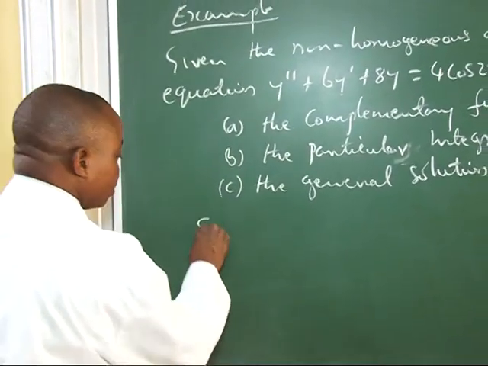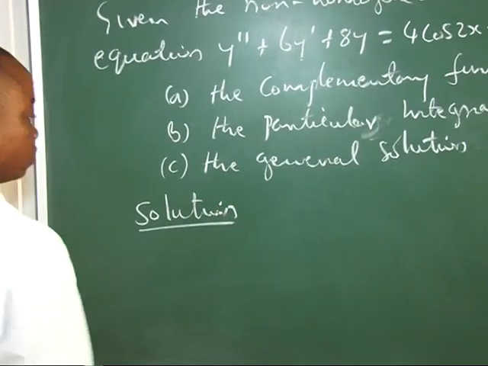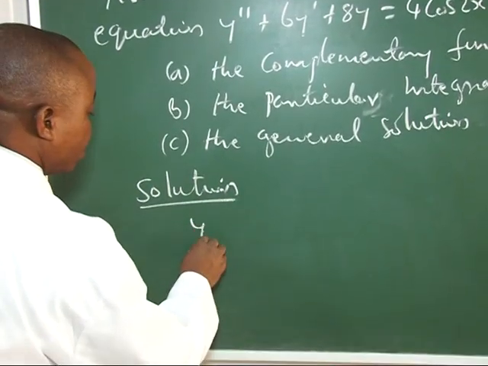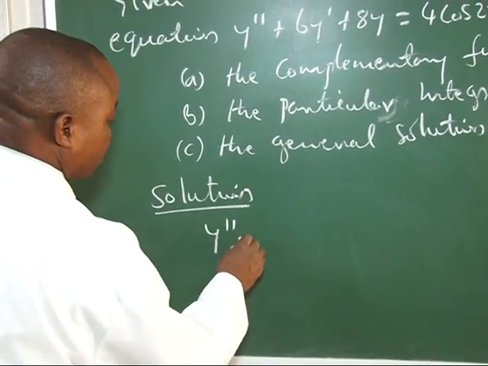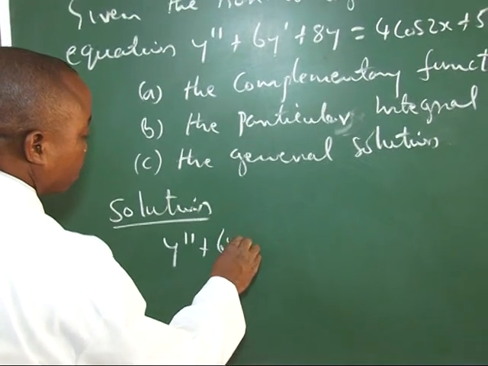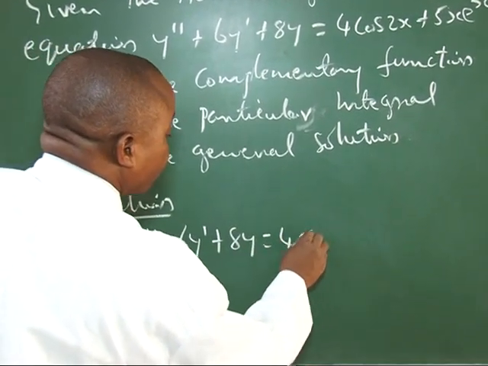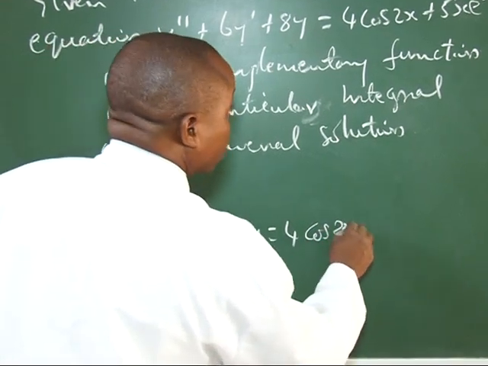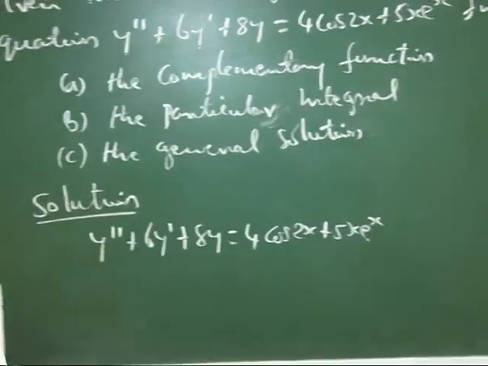And let's pick the solution. The equation is y double prime plus 6y prime plus 8y is equal 4 cos 2x plus 5x exponential x.